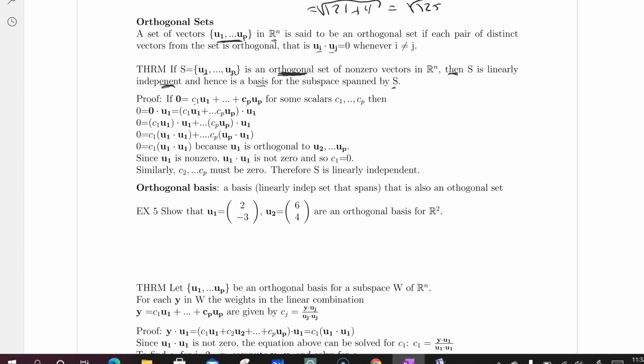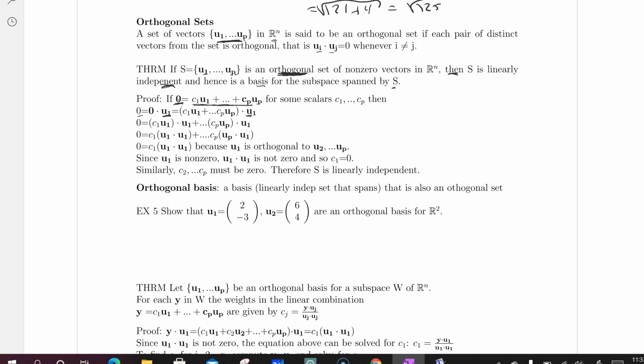I took each side, the left and the right side, and I dotted it with U1. So this is 0 dotted with U1, and because this is the 0 vector, this gives me 0. And so I'm dotting this right-hand side with U1.